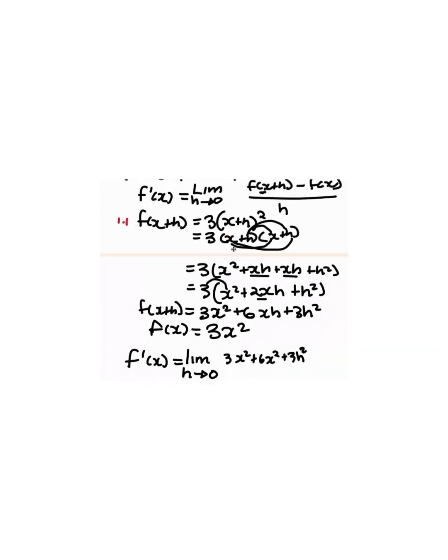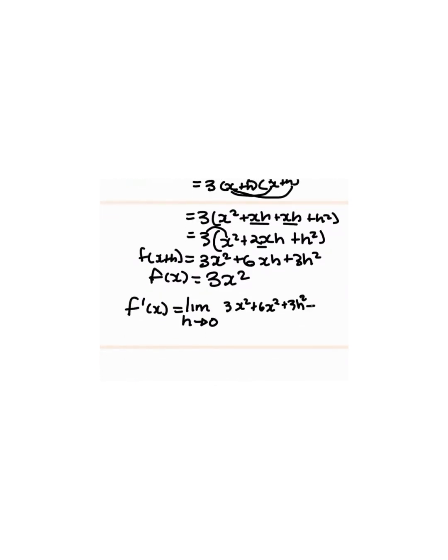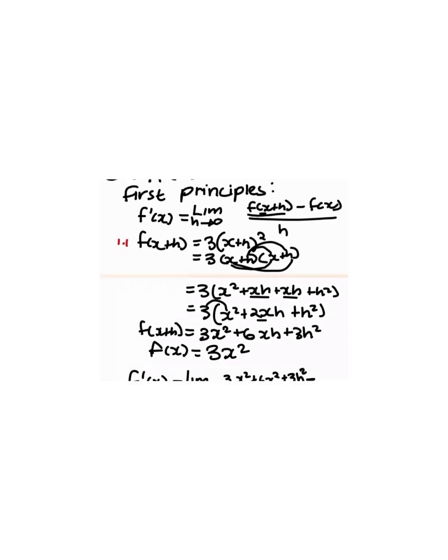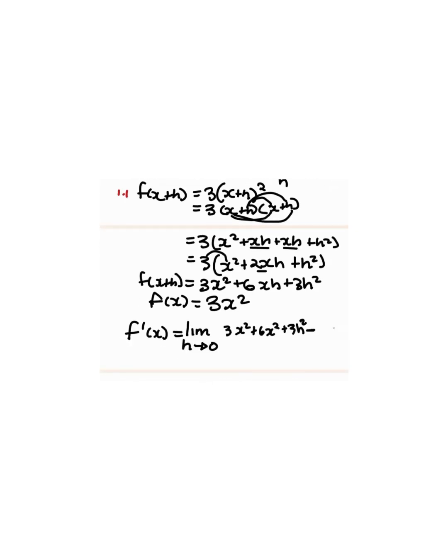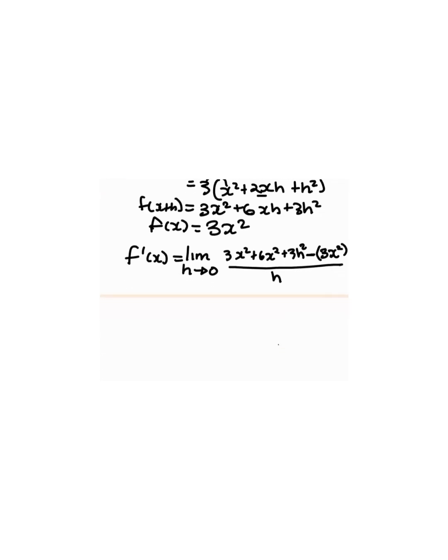So we have managed to plug in the f at x plus h, then minus, and most importantly, every time you put this minus, after that minus you must always put an open bracket, 3x squared. Remember our main formula is divided by h.